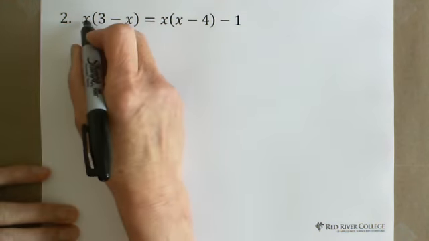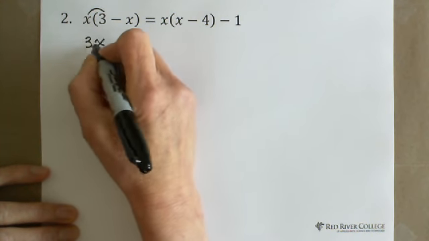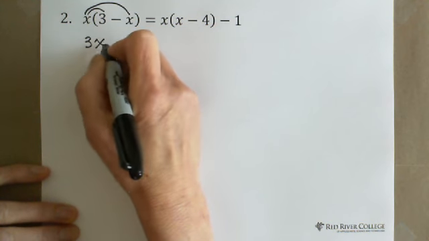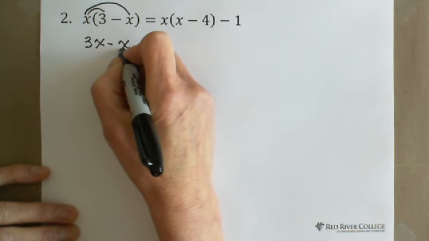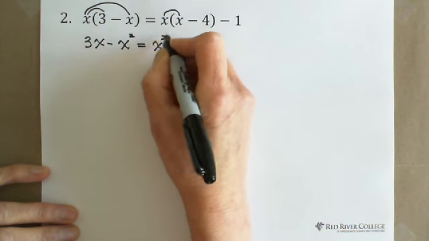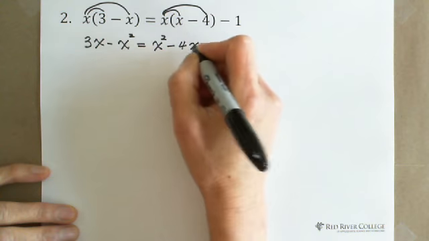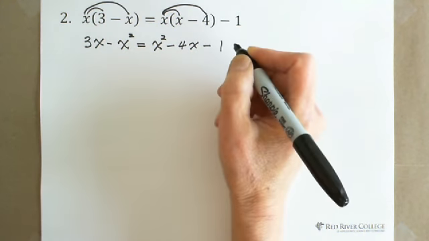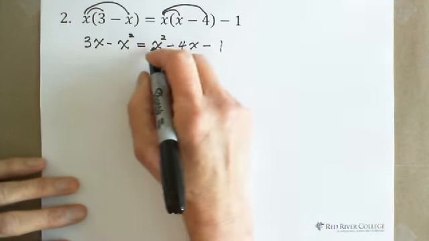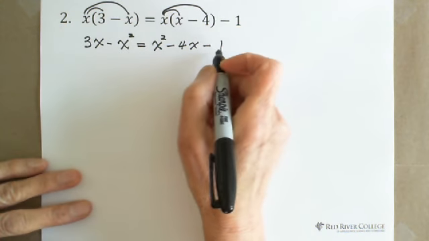Let's do this one. 3x times 3 is 3x. x times negative x gets the minus x squared, equals x times x is x squared. x times negative 4 is minus 4x, and minus 1. We have x squared on both sides as well as x on both sides.